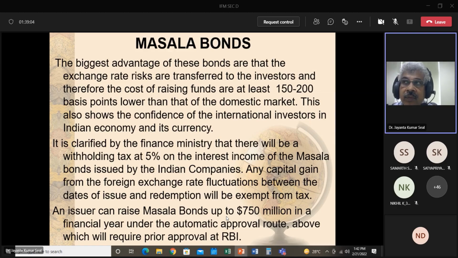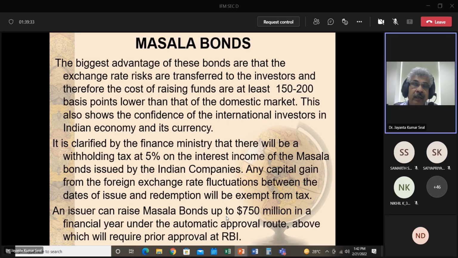On the other hand, if you invest in masala bonds, you as an investor will probably get 4.4% or 5%, which is lower than the Indian rupee interest rate in the Indian market, but of course higher than their rate. Though the exchange rate risk is with them, that is basically the advantage for both the parties.